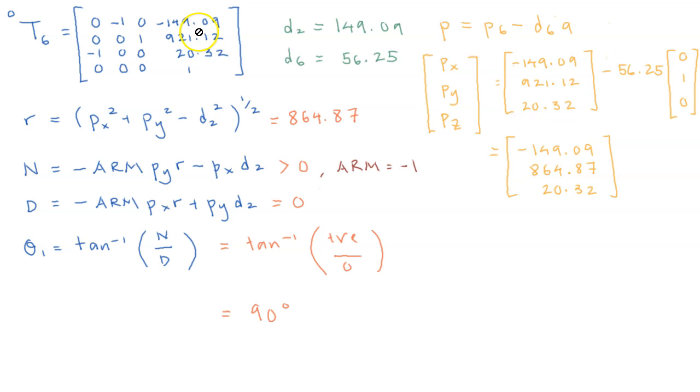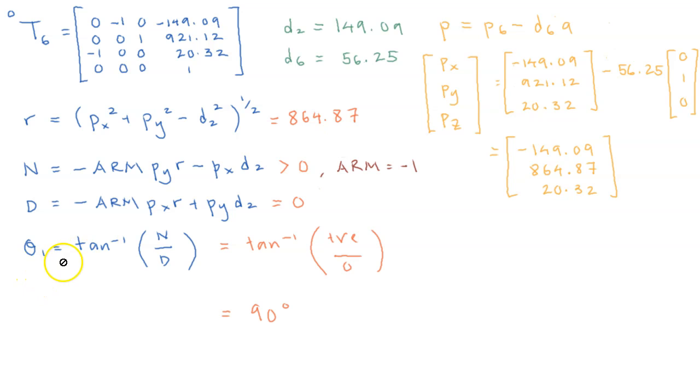Alright, so this is P6. As I've explained earlier, A is the approach vector of coordinate frame 6, so it is 0, 1, 0. So we have computed Px, Py, Pz to be this. Using these values and D2, we can compute R. It is 864.87.